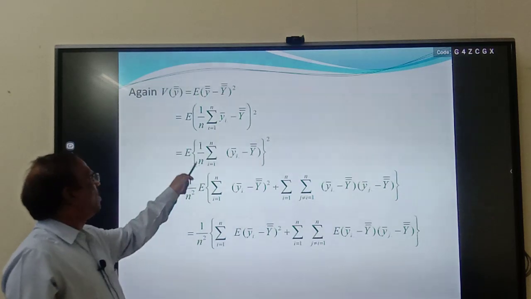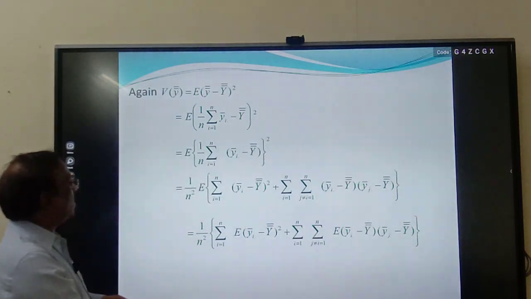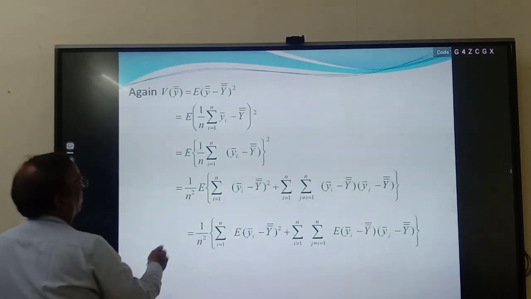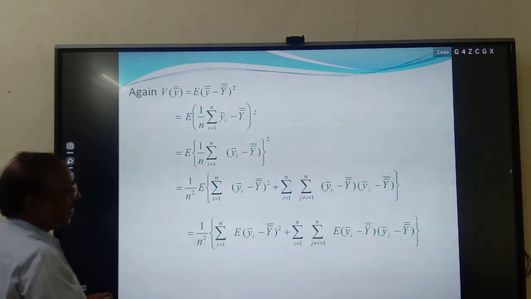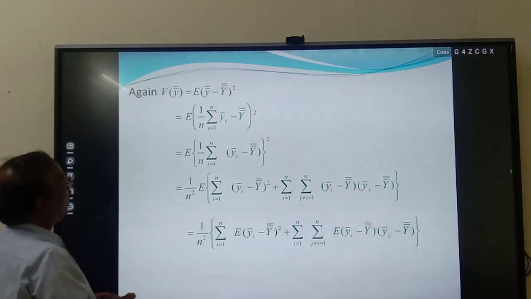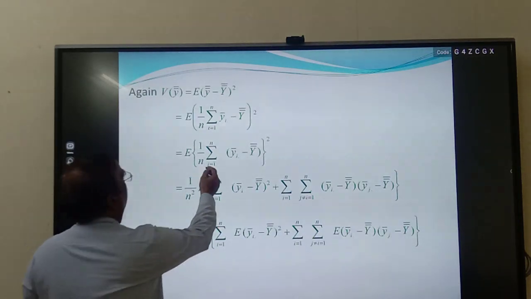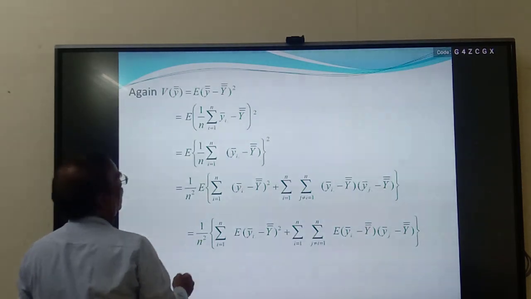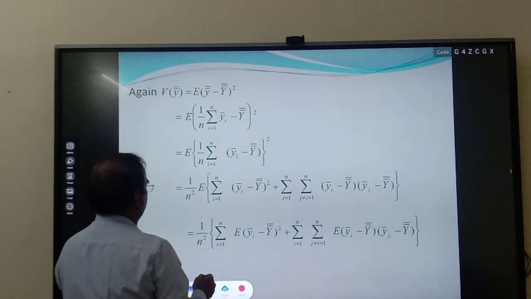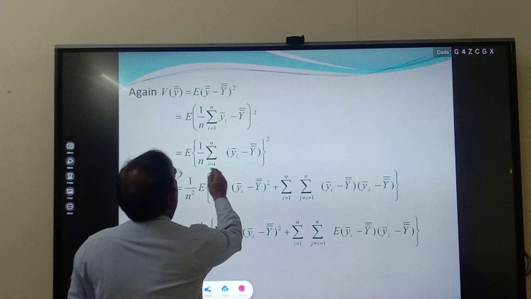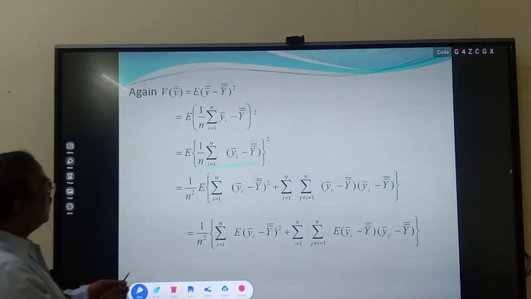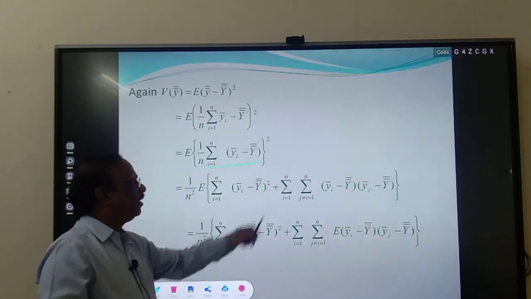This 1 by n whole square can be written as 1 by n square, and we make the square of this value. So this square can be written into this form.